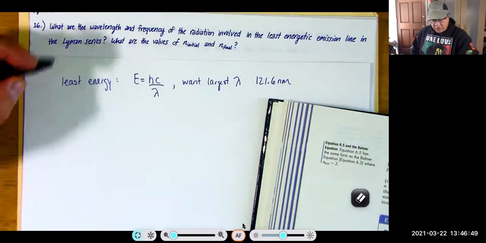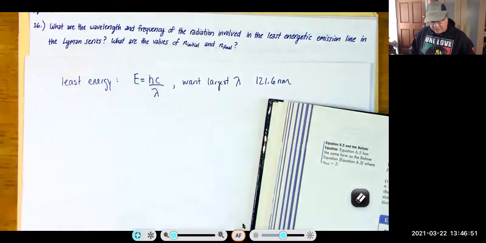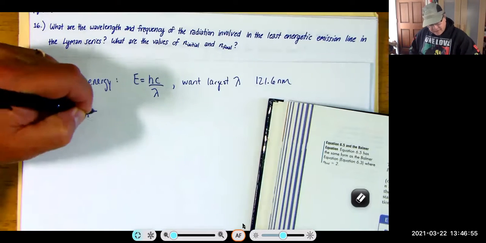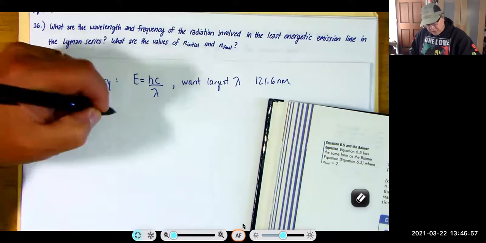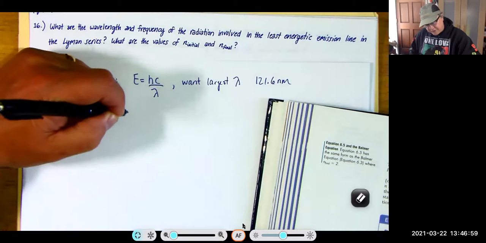Okay, so here for the wavelength and frequency, the wavelength is equal to 121.6 nanometers.